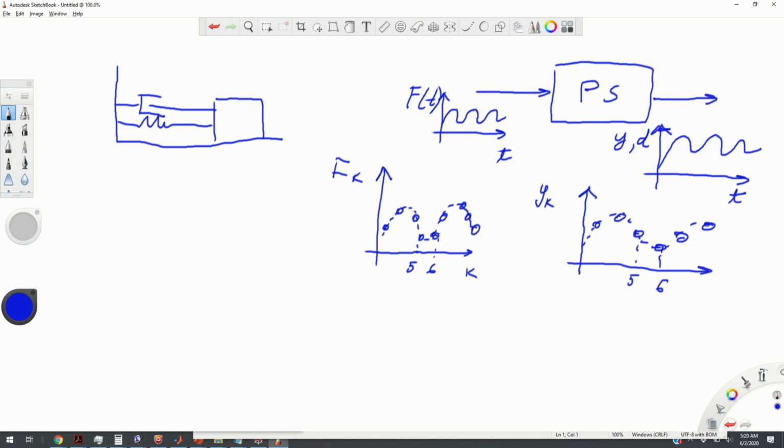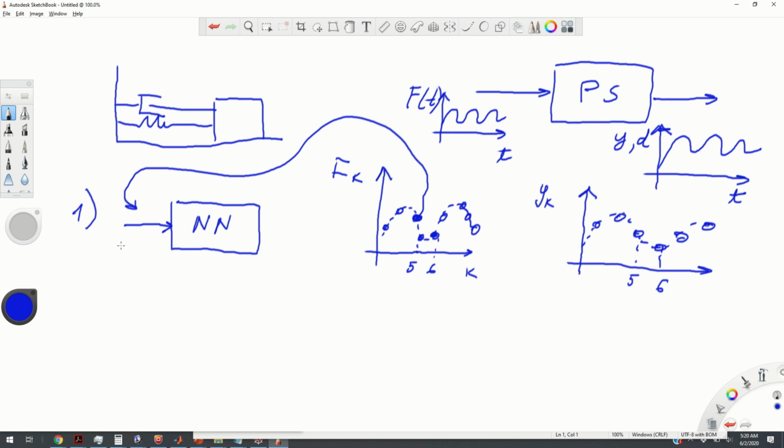Now, first, we need to determine the parameters of our neural network such that when we present, for example, this sample as an input to your neural network, let's call it F5 sample, your neural network should produce an estimate of the system output.